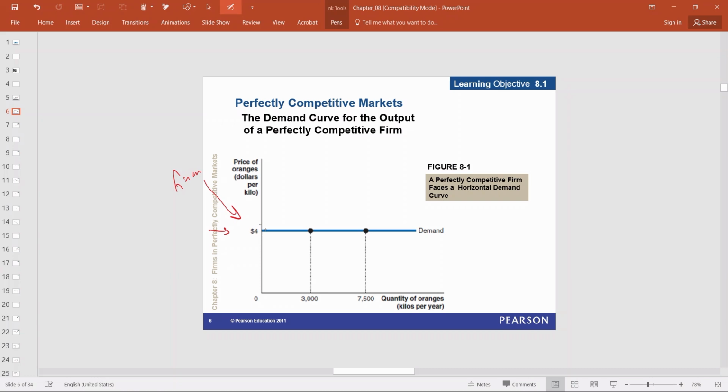So that's why if we assume that the market sets the price at $4 for a product, which is orange, whatever the quantity is going to be, the price won't change for this individual firm.